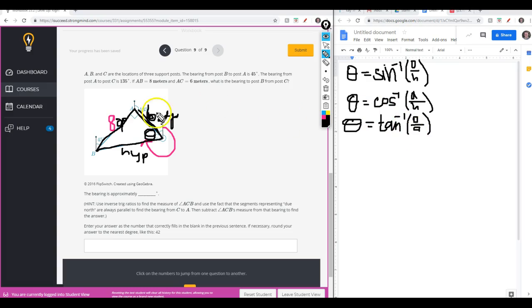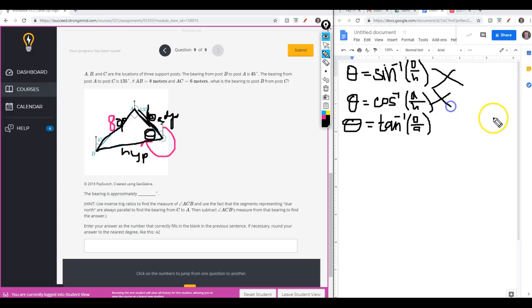So I'm going to look at what side lengths I was given. I was given the 8, which is the opposite side length, and I was given the 6, which is the adjacent side length. So I'm going to look for one of these that has a relationship between the adjacent and the opposite side length. So this one's opposite and hypotenuse, so it doesn't have both of them, so I'm not using that one. This one's adjacent divided by hypotenuse.